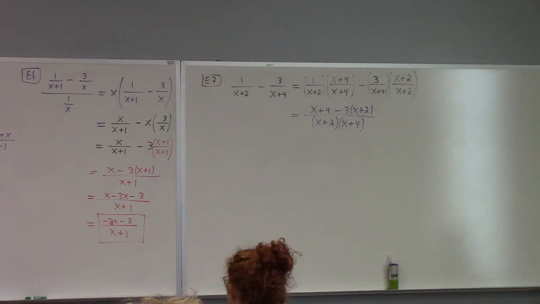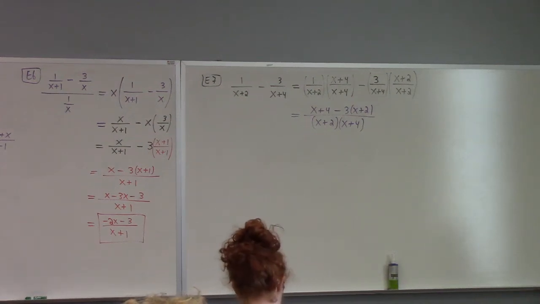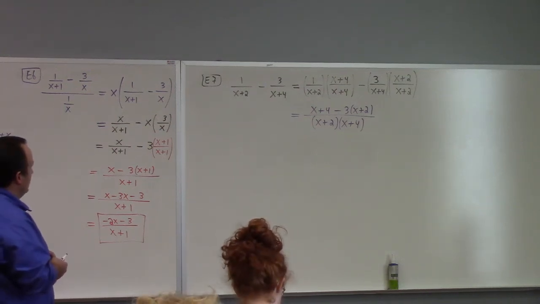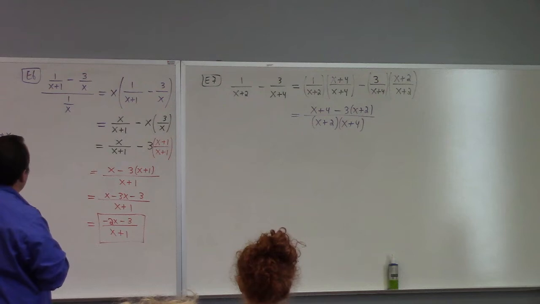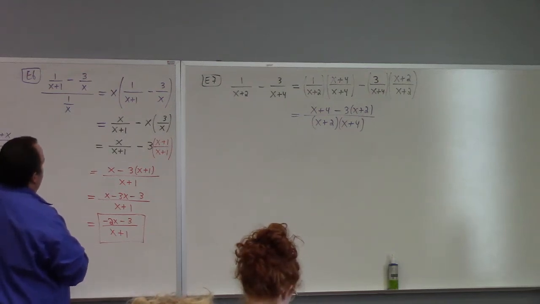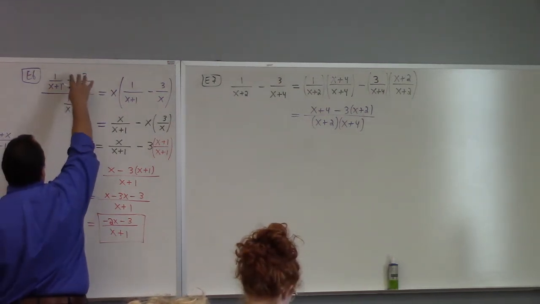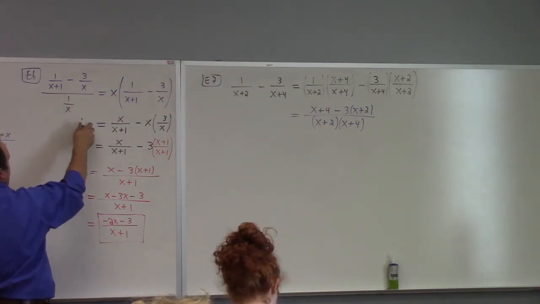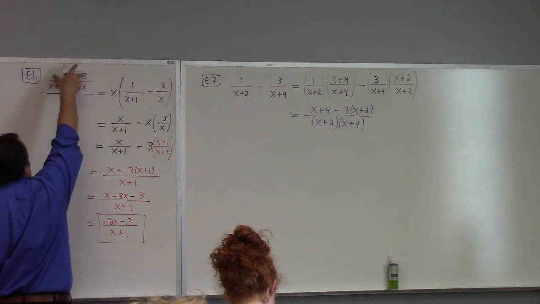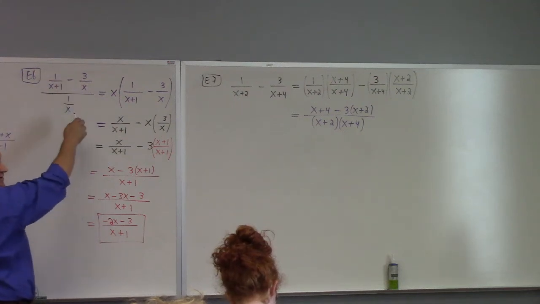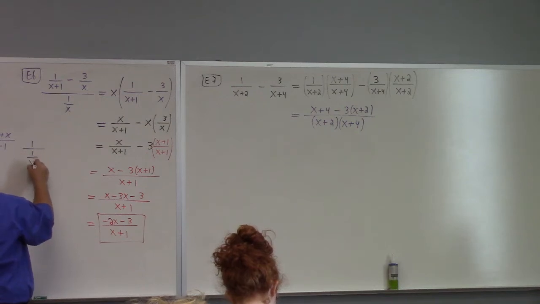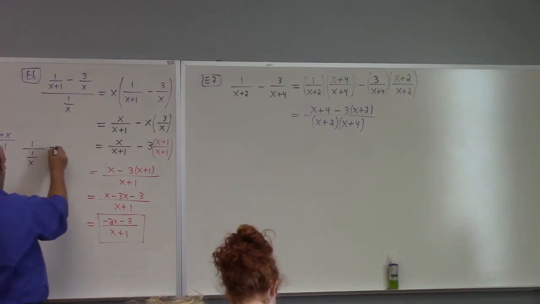When you distributed the x in the beginning, did you only do it to the numerators? Are we talking about Example 6? Yeah, at the top in purple. Remember, this is a fraction over a fraction, so I'm multiplying the numerator by the reciprocal of the denominator. The reciprocal of 1 over x is x.